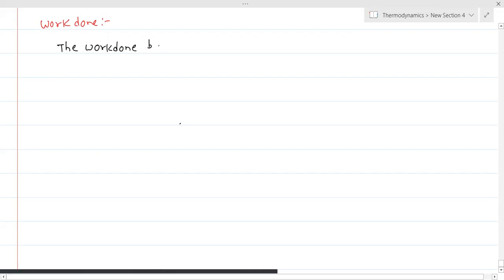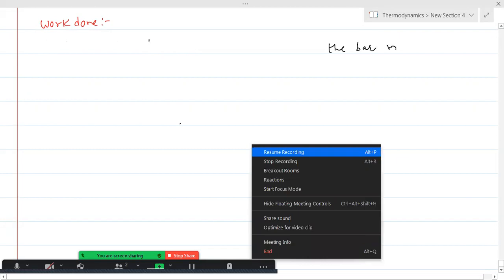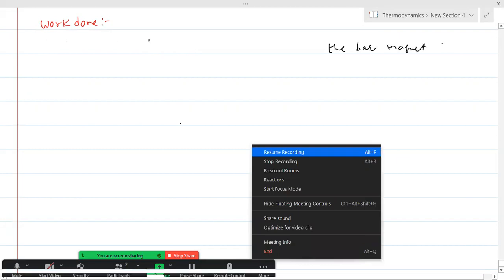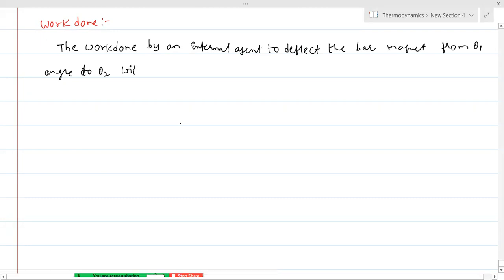The work done by an external agent to deflect the bar magnet from theta 1 angle to theta 2 angle with the field.